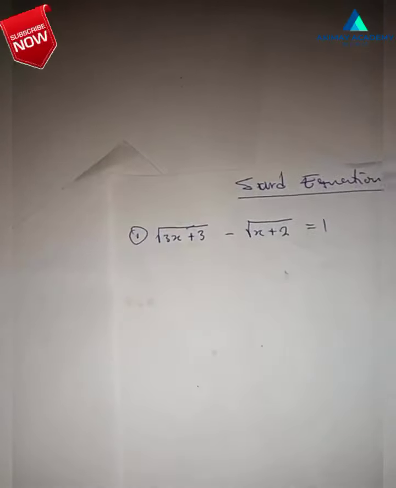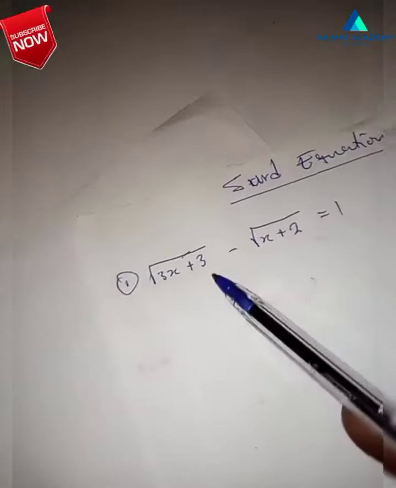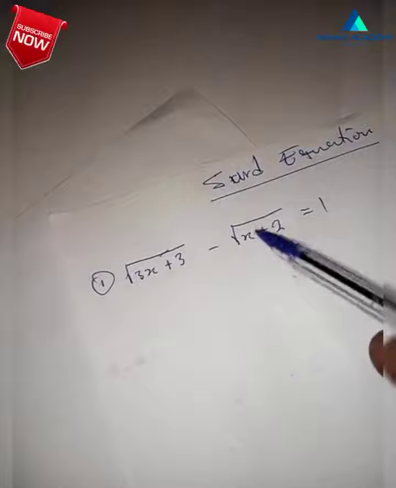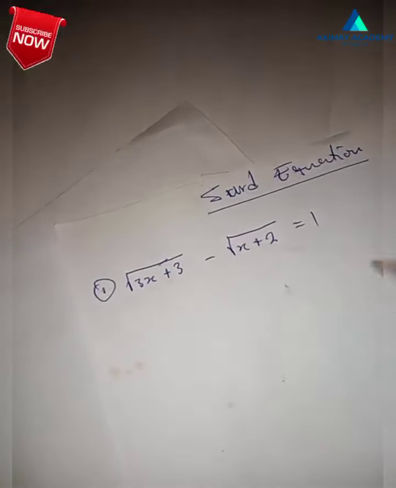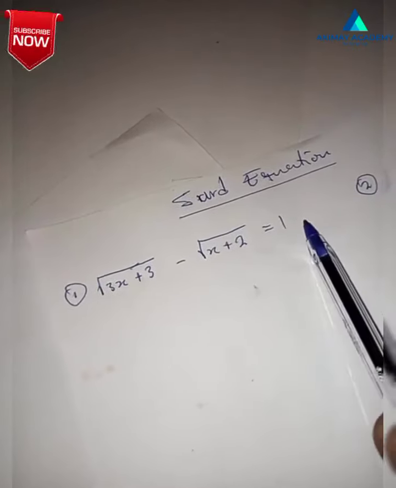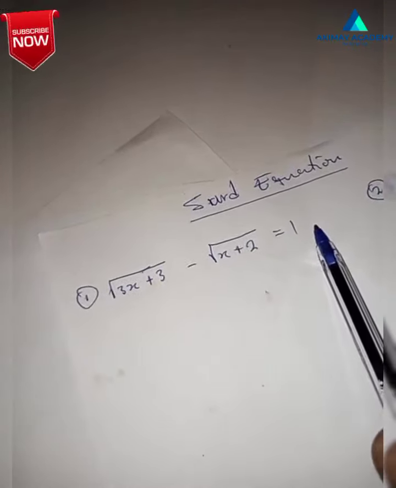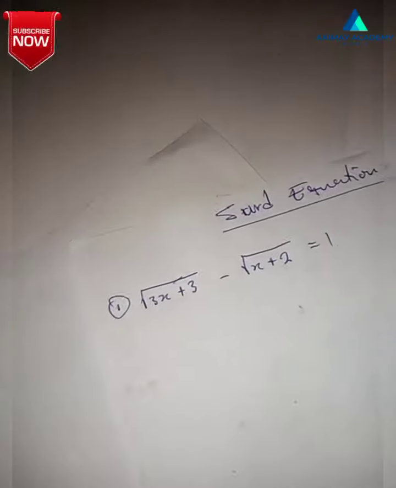So here what we do is, you can see that in this format we can proceed in this manner. Or someone can choose to send this one, which has a negative sign over here, to the other side to make it positive, so that it will be a little bit easier in that manner.